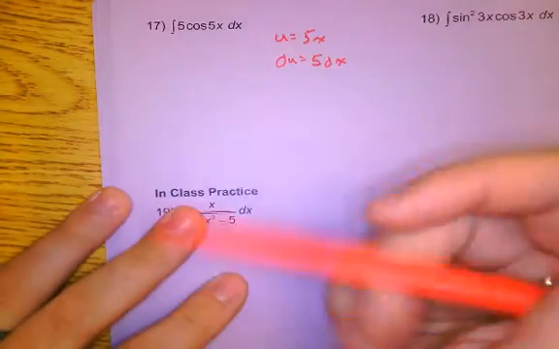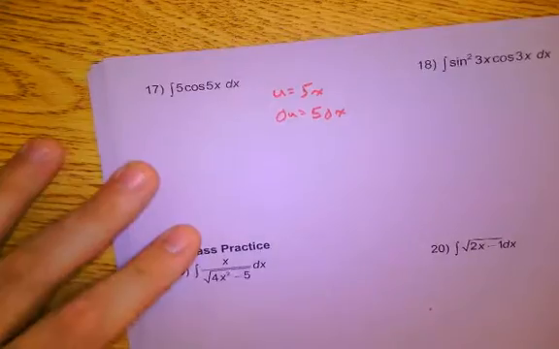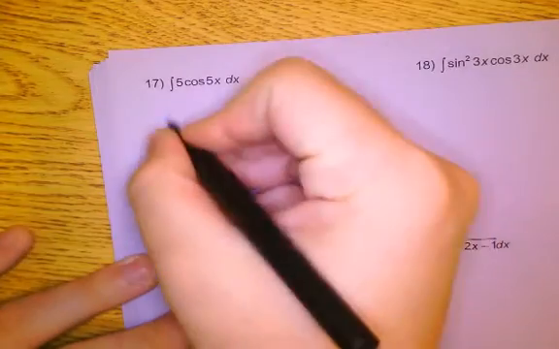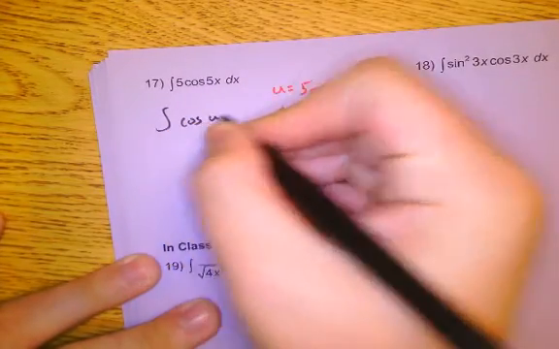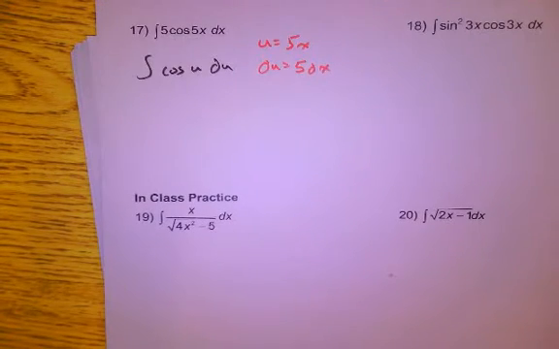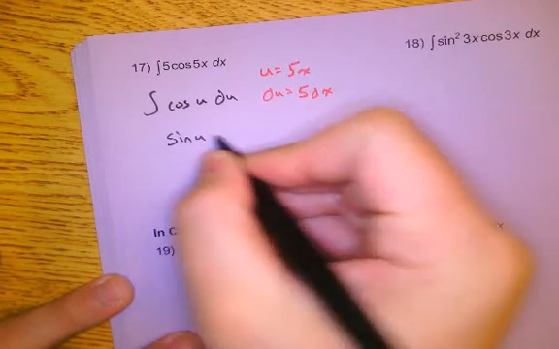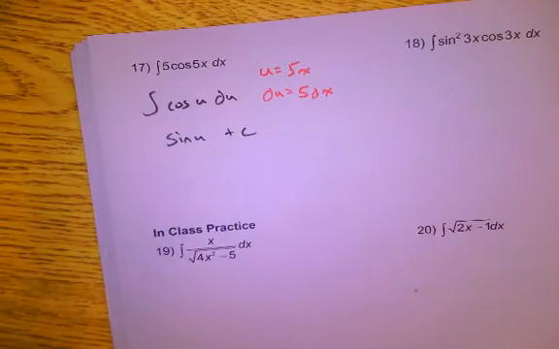Do you see a 5 dx here already? Yeah, you already see a 5 dx. So this is just going to be the integral of cosine of u du. And what's the antiderivative of cosine? Positive sine, so it's sine u plus c, so the answer is sine 5x plus c.